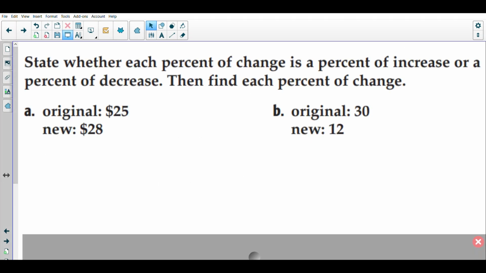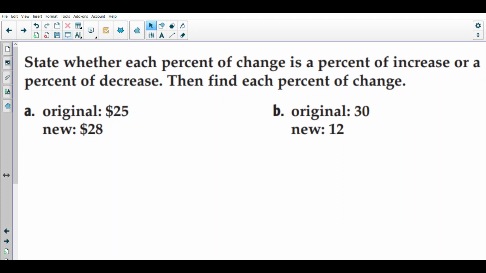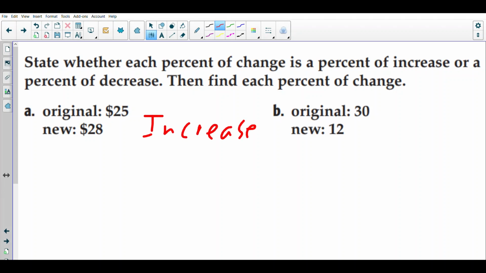Here we've got two of them. We'll just start with A. State whether each percent of change is an increase or decrease, then find the percent of change. In the first one, we can see that it went up 3, so this is an increase. Following the steps, we subtract. 28 minus 25 gives us 3.